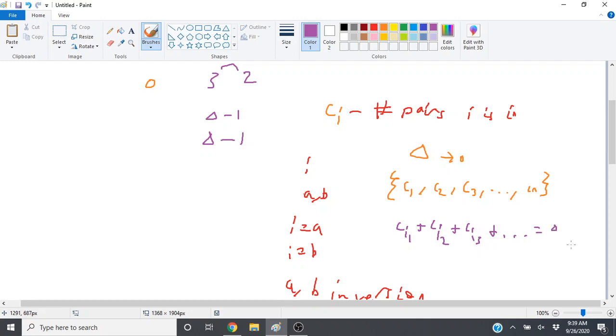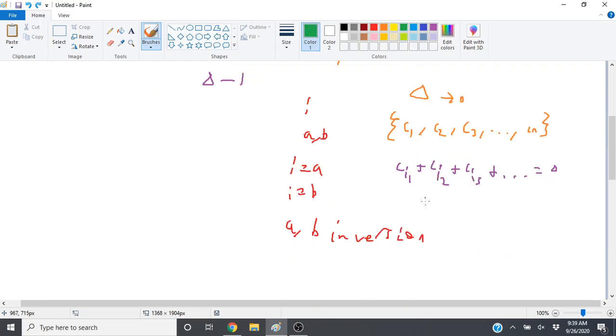So instead of subtracting all these values from delta, we're going to ask if it's possible to pick some subset of these values such that their sum is delta. And this is equivalent to subset sum or knapsack, whichever you want.